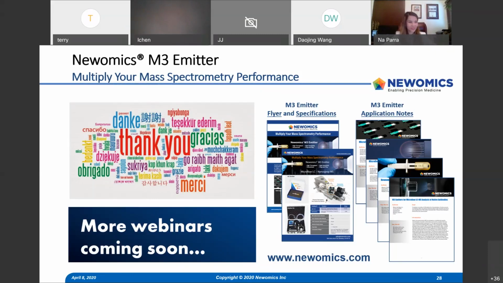Yeah. But to answer your question, yes, we are actively working on two sets of Thermo instruments. One is the NG source for their newer generation mass spectrometers. The other is a legacy interface, Nanospray Flex source for older instruments like the QE series.